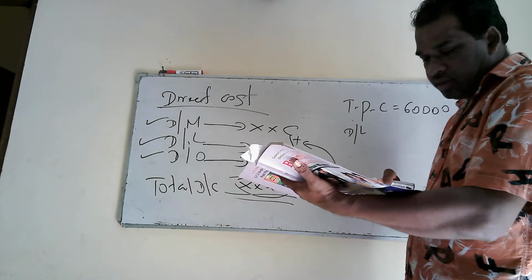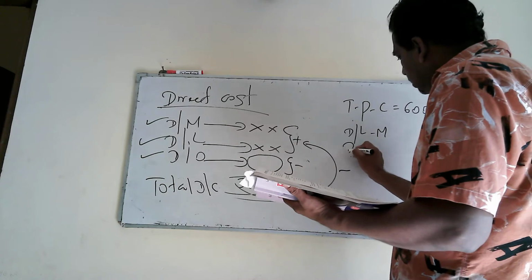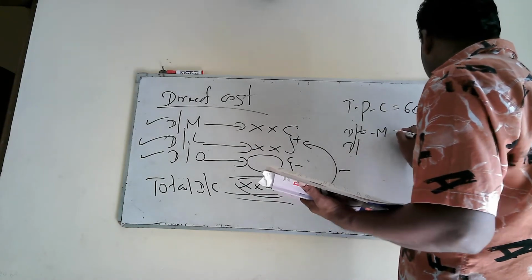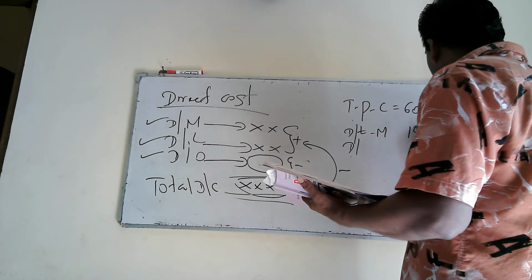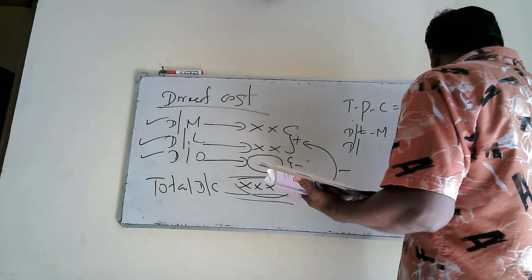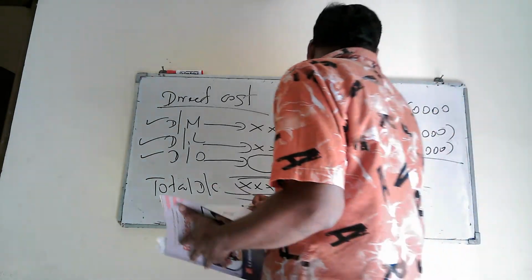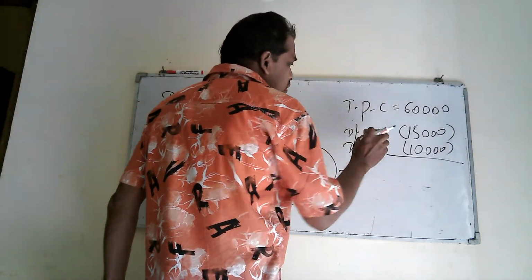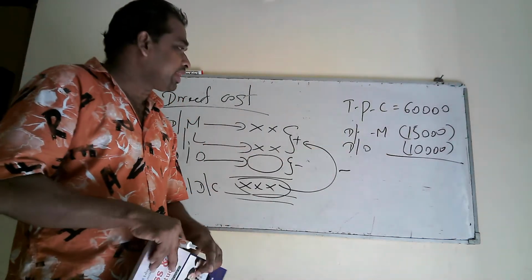You are given direct material 15,000, you can deduct, and direct other cost 10,000. You can deduct direct material 15,000 and direct other cost 10,000, given in the question.